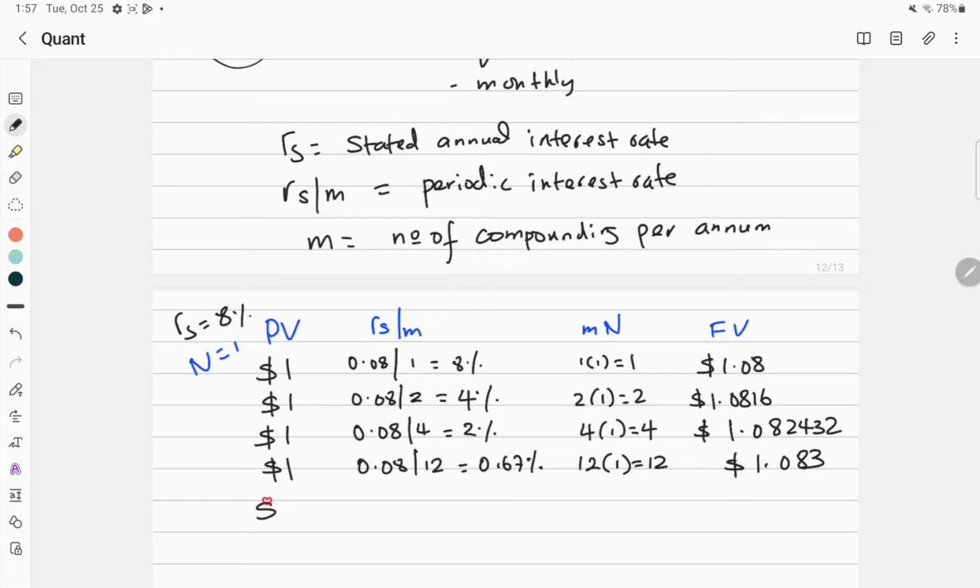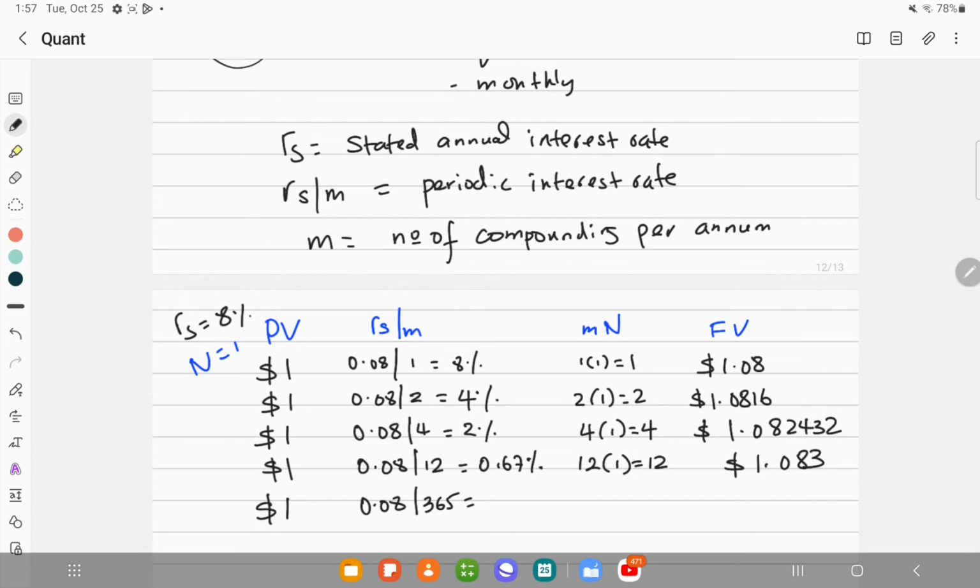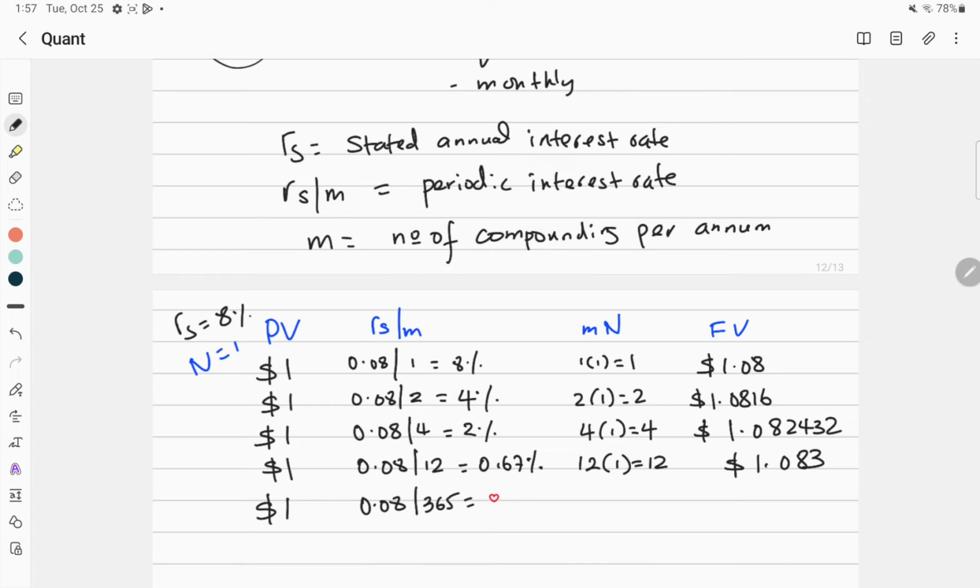So we invest $1 today at an 8% stated annual interest that's compounded every day, which is daily, right? So 0.08 divided by 365 will be about 0.0219%.